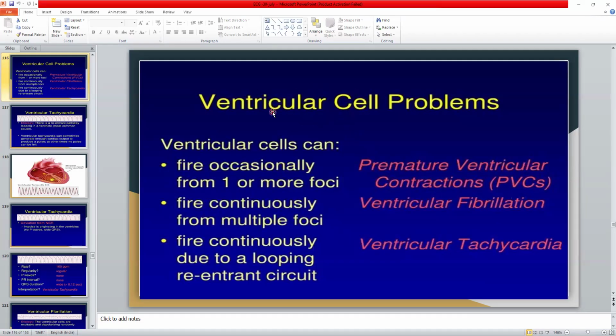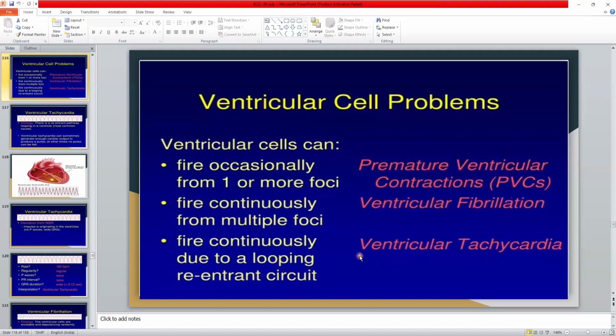These ventricular cells can generate the cardiac impulses from one or two foci, but they can also generate from multiple foci. When the ventricular cells fire continuously from the multiple foci, it produces ventricular fibrillation. When it fires continuously due to a looping reentrant circuit, it produces ventricular tachycardia.